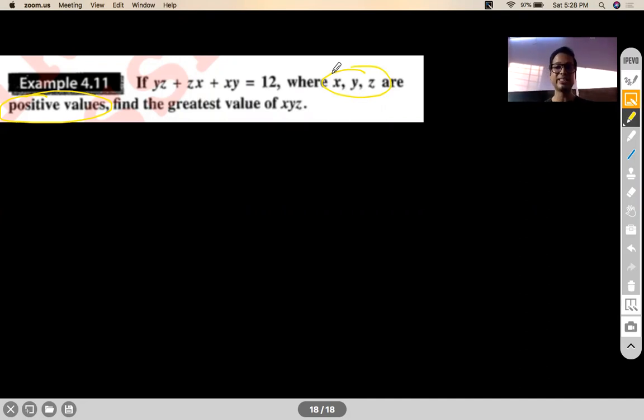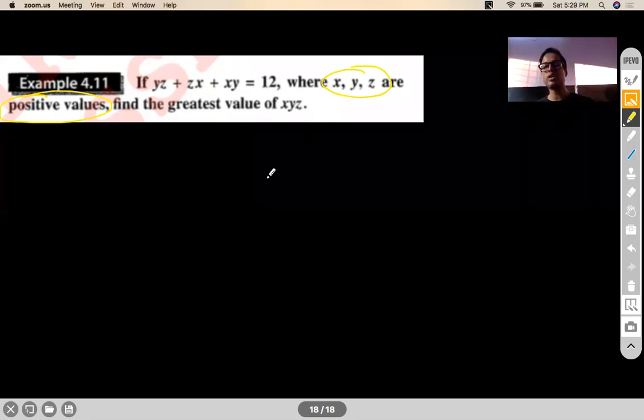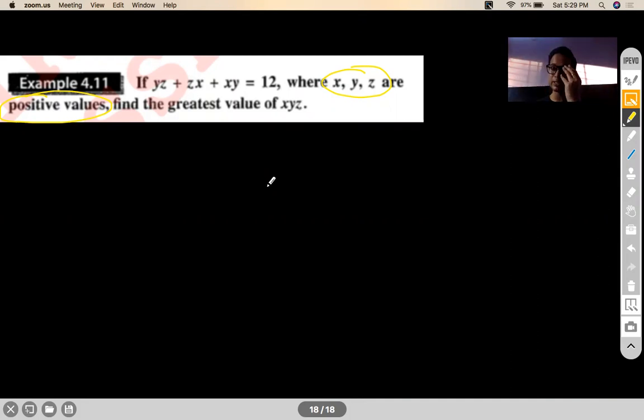I have reiterated this several times in the past also, but some students don't listen to me, and as a result, they make a lot of mistakes. The AM-GM-HM inequality will only work when you are applying it to positive quantities. It will not work if you are applying it to negative quantities.